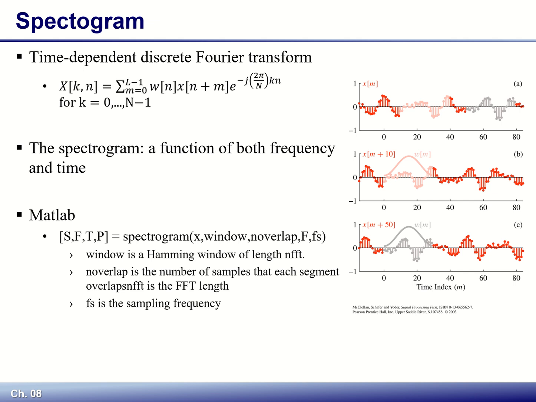To study the spectrum of a discrete time signal, we study the DTFT. The result of the DTFT is a continuous spectrum in the frequency domain, periodic with period 2 pi.